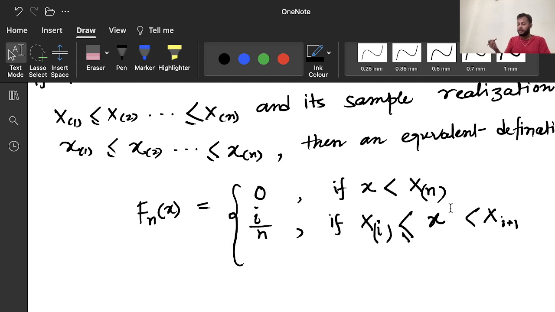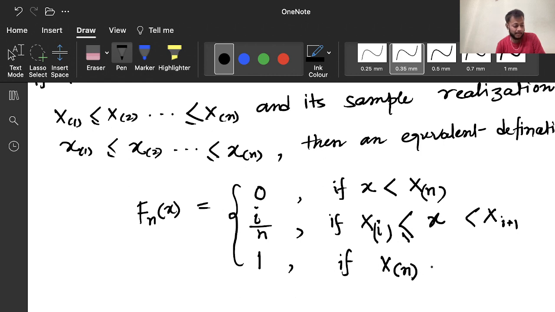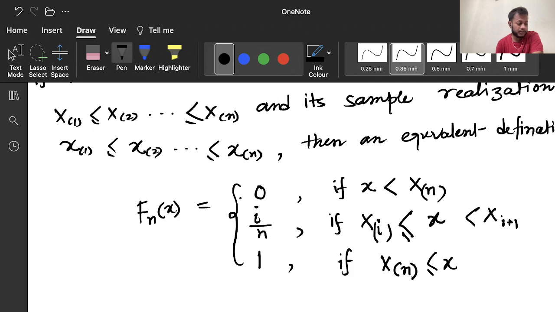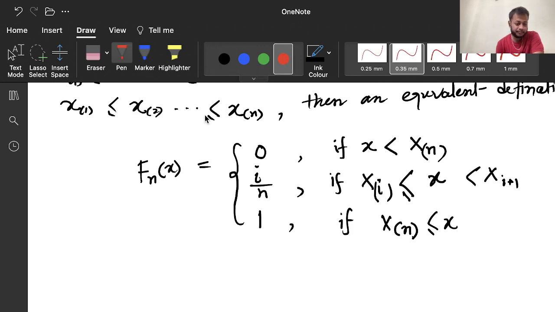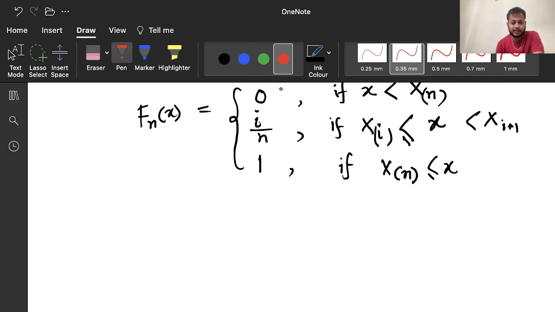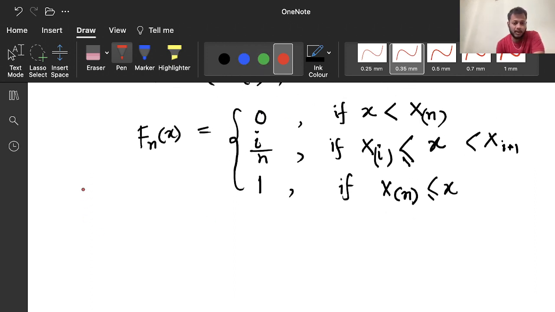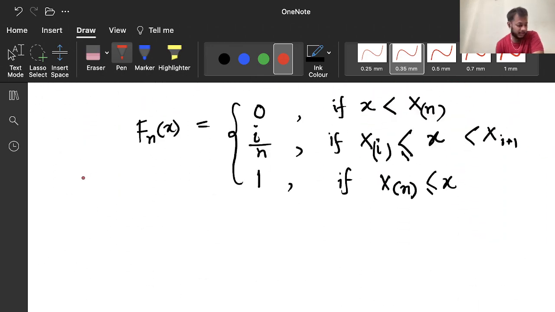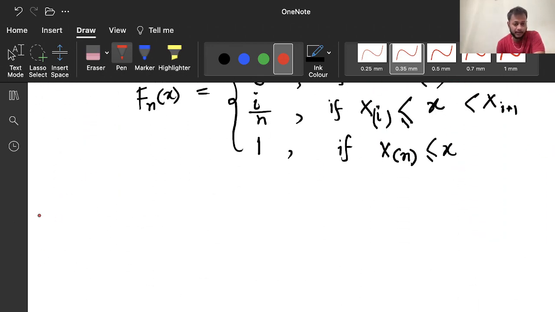Then our empirical distribution function will be i/n. And it will be 1 if x_(n) is less than or equal to x, since all the observed random variables are below x. This way you can also define an empirical distribution function. Now let's see some of its properties, and from here you see that it is a jump function.